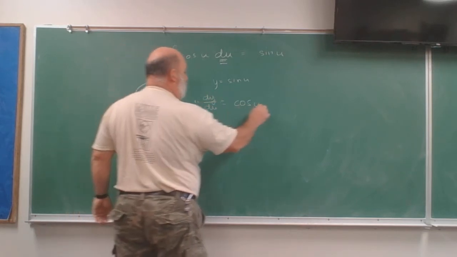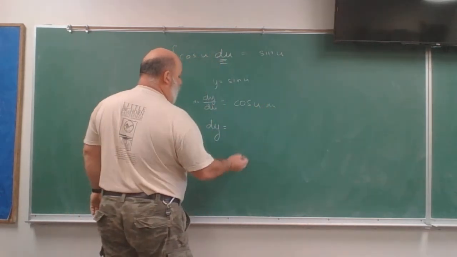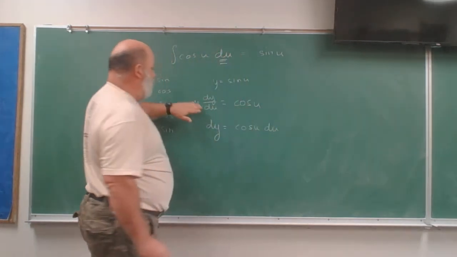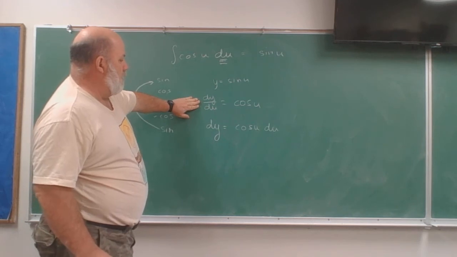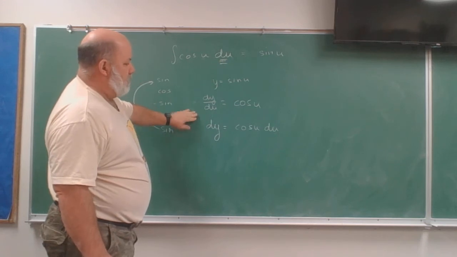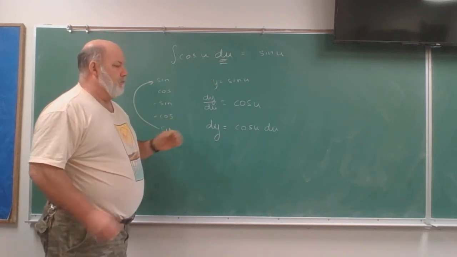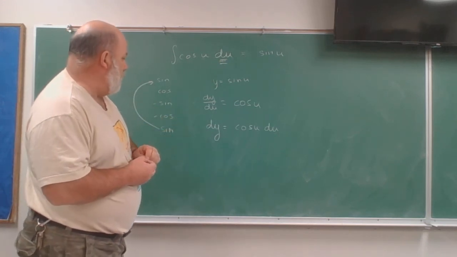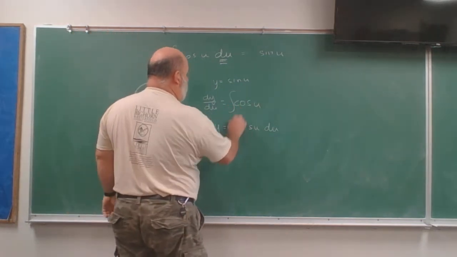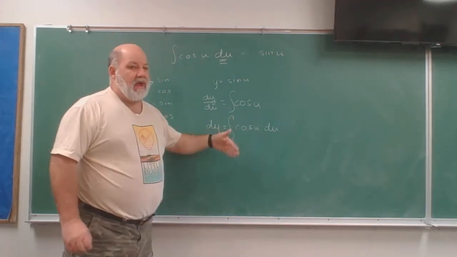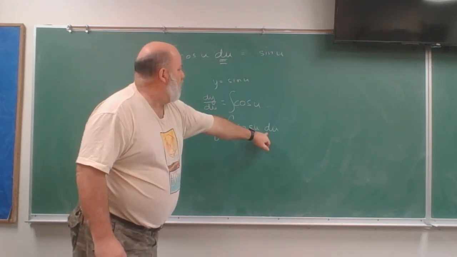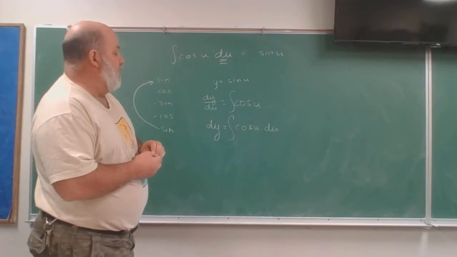You multiply by du, and you get cosine u du. This is the derivative. This is the differential. Just a difference in name there, and the fact that this one has the du out there. So if they say integrate this or integrate this, they're pretty much asking the same thing. Okay? So all that to say, don't be confused by that du out there.